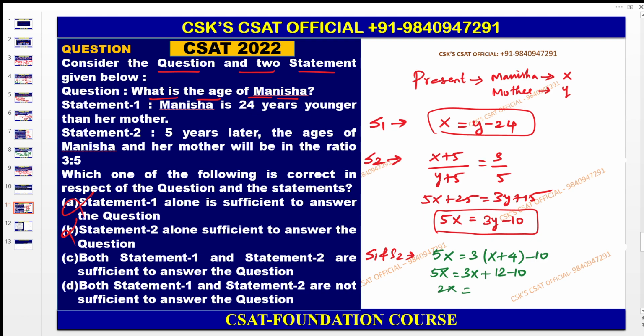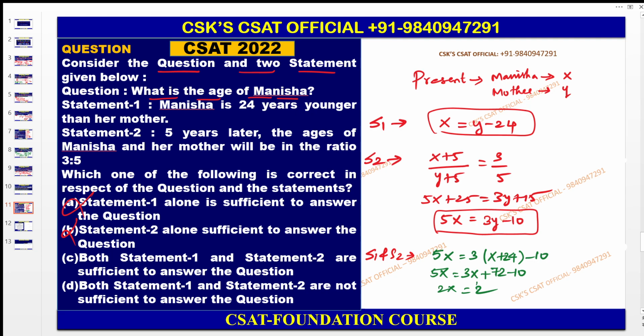Is there any mistake here? Check here. 24, sir, not 4. Yes, this is 24, right? So 72, right?